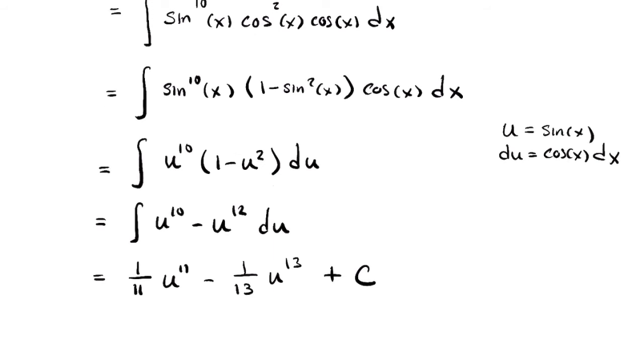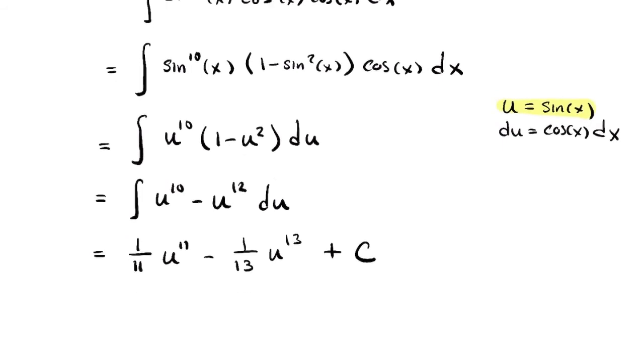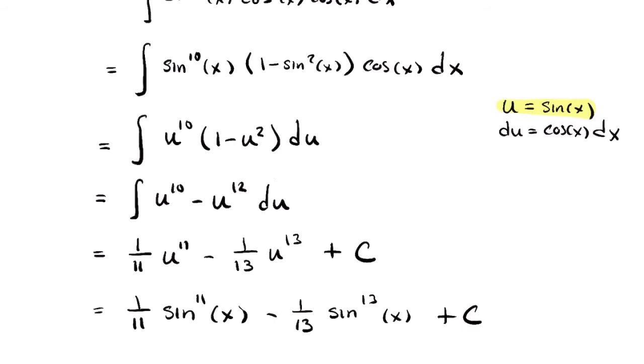And then my last thing to do is to remember, well, what was the original variable? It was x. So everywhere I see a u here, I'm going to write the sine. So that's 1/11th sine. Remember, on trig functions, we write the exponent right there. So there's u to the 11th in terms of x. And I've got 1/13th sine to the 13th of x plus my constant.